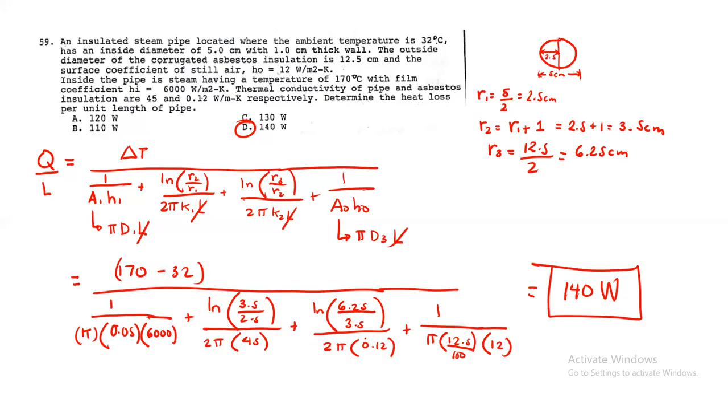Then pag nagdagdag tayo ng insulation, syempre radius plus ito, which is 1 cm. So 2.5 plus 1 is 3.5. Yan yung radius 2. Then pag nagdagdag na naman tayo ng insulation dito, hindi niya sinabi kung ilang thickness na to, pero sinabi niya na yung pinaka-outside diameter is 12.5. So yan na mismo yung outside diameter.